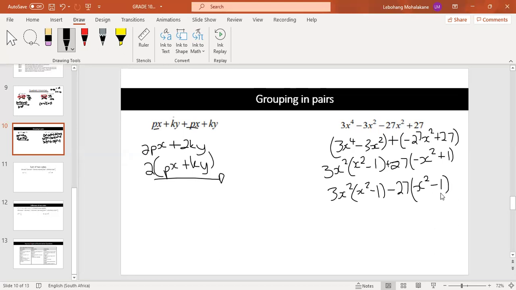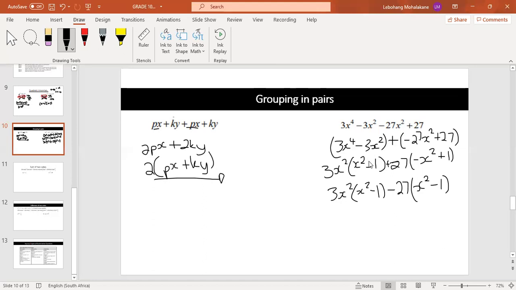If you don't understand this part, please go back to the sign change rule. I'm explaining the same concept here. So you're going to look at the common factor. Basically grouping in pairs. It's almost a collection of all the concepts of factorizing.